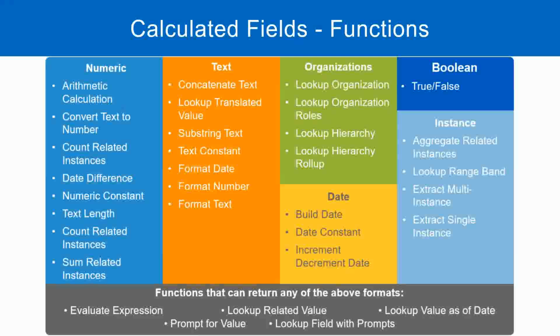It is going to give you a number. You're counting related instances. It is a number, right? On the other hand, if you're concatenating text, if you're adding two strings together, it is a text output. If you are doing a substring, if you're reading a part of the string, the first 3 characters of the first name, it will be a substring text.